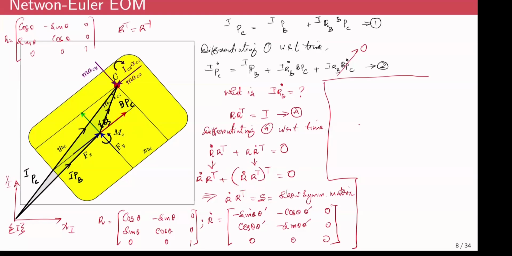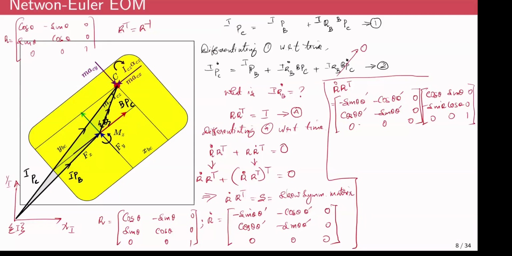So I'll write R dot times R transpose as minus sine theta theta dot, minus cos theta theta dot, 0, then cos theta theta dot, minus sine theta theta dot, 0, then 0, 0, 0. Then we multiply this with R transpose, which is cos theta, minus sine theta, 0, sine theta, cos theta, 0, then 0, 0, 1.